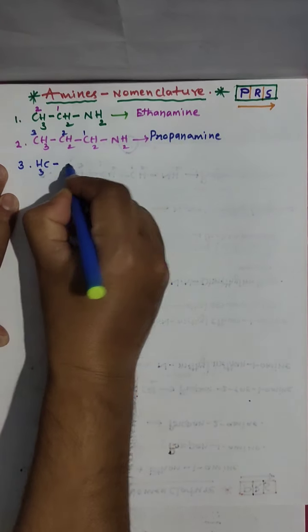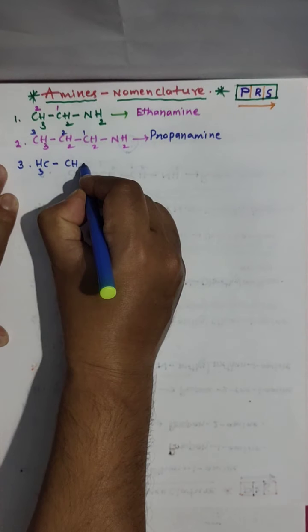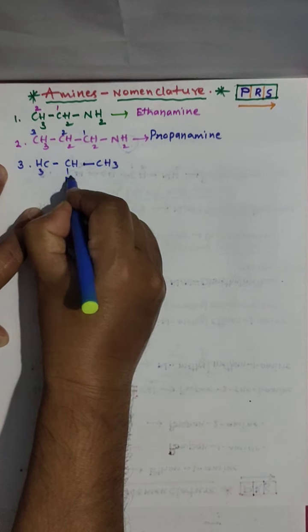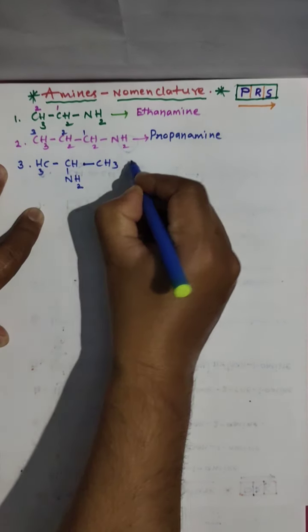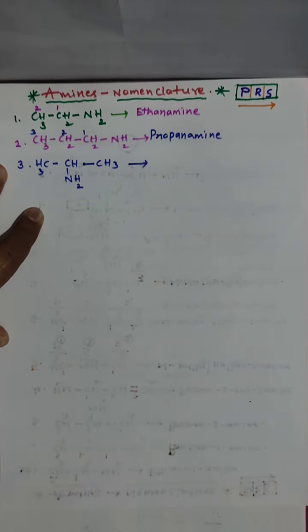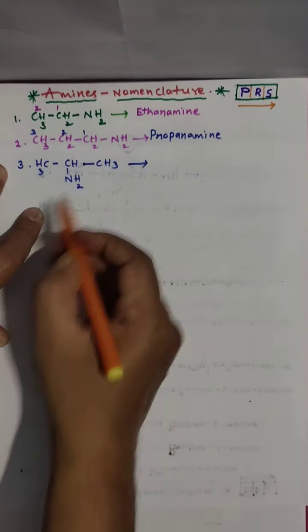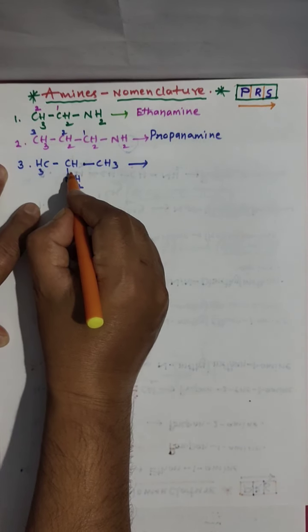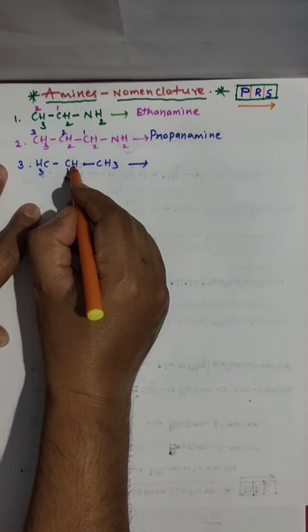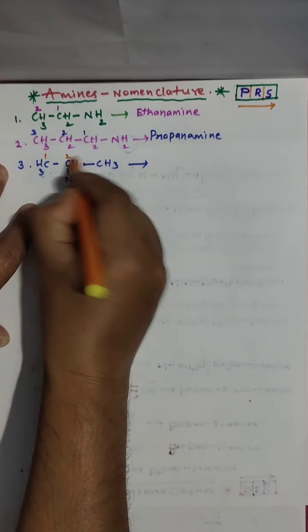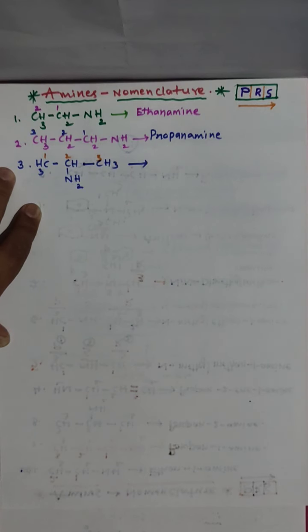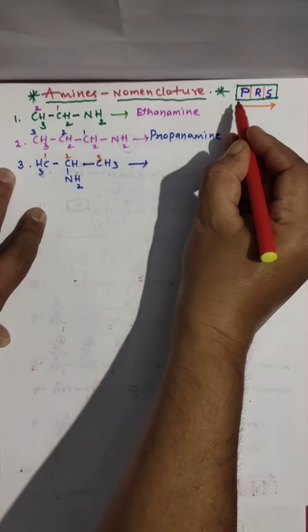CH3-CH-CH3, and here an NH2 group is attached. Now go for numbering. The functional group attached carbon should get the least number, 1 or 2. No problem, both sides you get the same number. Now go for the name. First P, prefix.